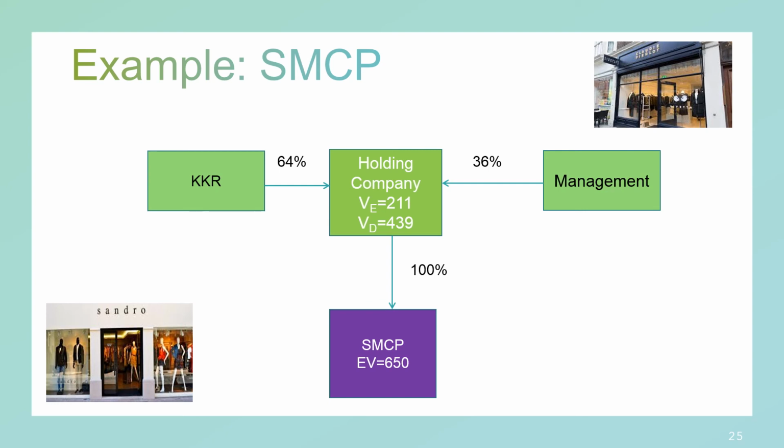KKR became the majority shareholder that owns 64% of the holding company, while the management owns the balance 36%. The holding company is heavily financed with debt. The debt-to-asset ratio of the holding company is 67%.